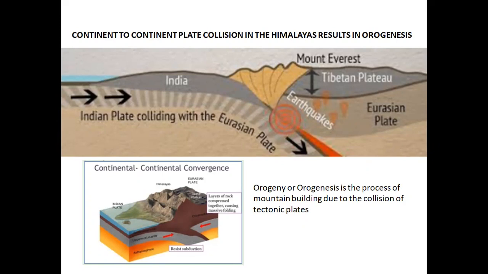There's much overthrusting of the material of the Eurasian Plate, not shown here, and there's intrusion of volcanic rocks within the Himalayas and certainly the southern portion of the Tibetan Plateau.